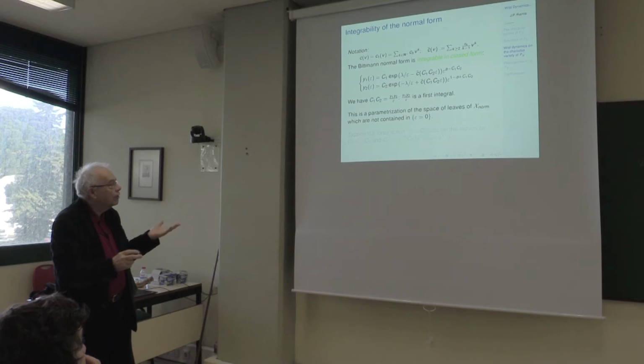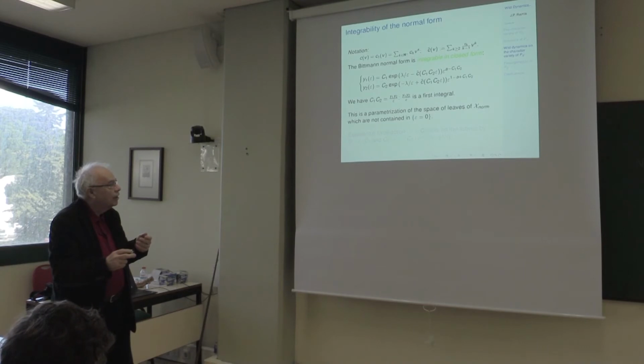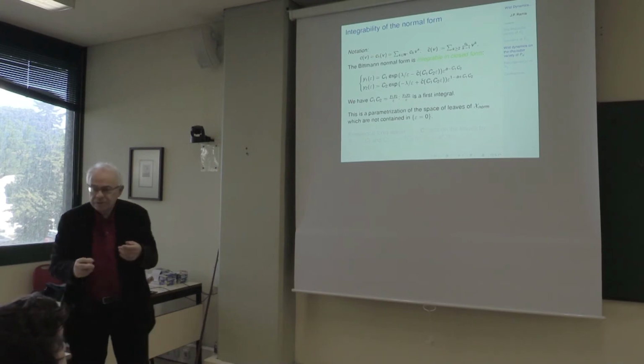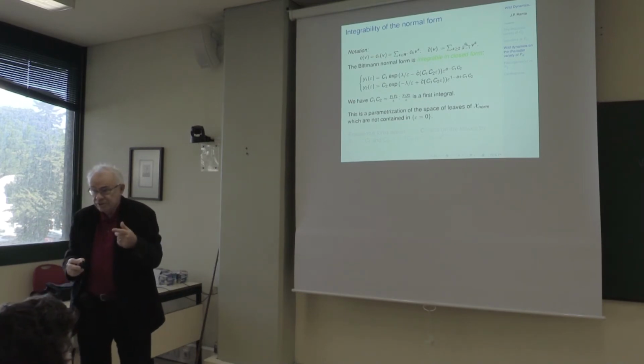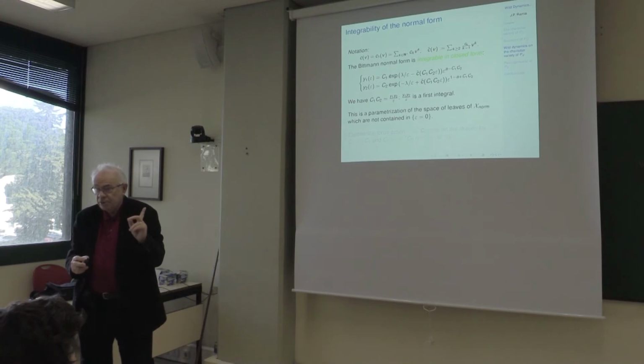And you see that in the integration, of course, it appears some exponential, some ramification terms, and something quite strange because C1, C2 appears also here. It's a new complication.